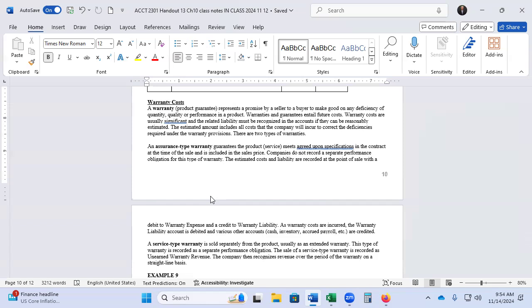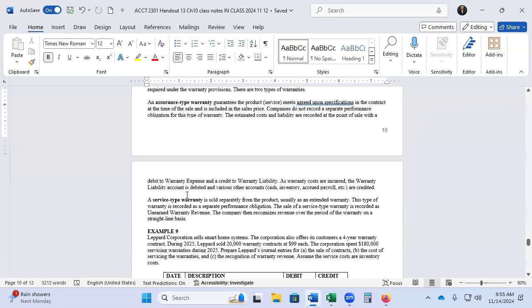That's implied, at least in the United States, for most products that you get. A service type warranty is sold separately, like an extended warranty that you pay for. So that one does have a charge that comes with it, and the revenue must be recognized over the period which the service type warranty covers.